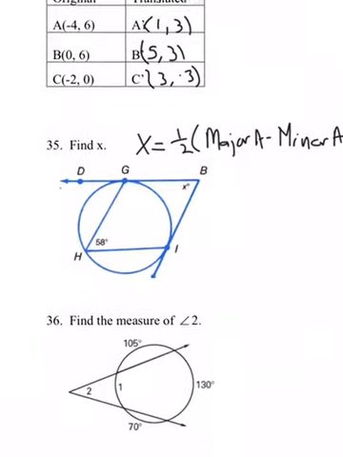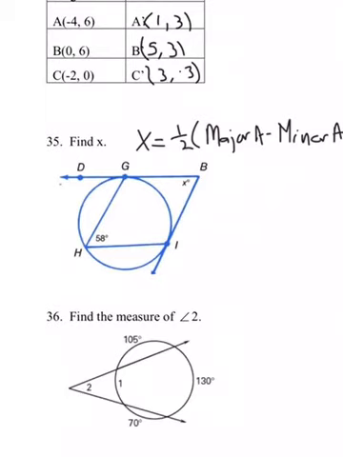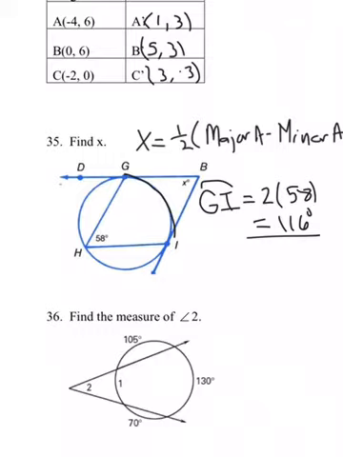Problem is, all we have is an inscribed angle here at H. So the first part actually is to find GI, which will be a minor arc, and GI is twice the inscribed angle H, because normally we say the inscribed angle is half of the arc, so when you do that in the opposite direction it goes backwards.